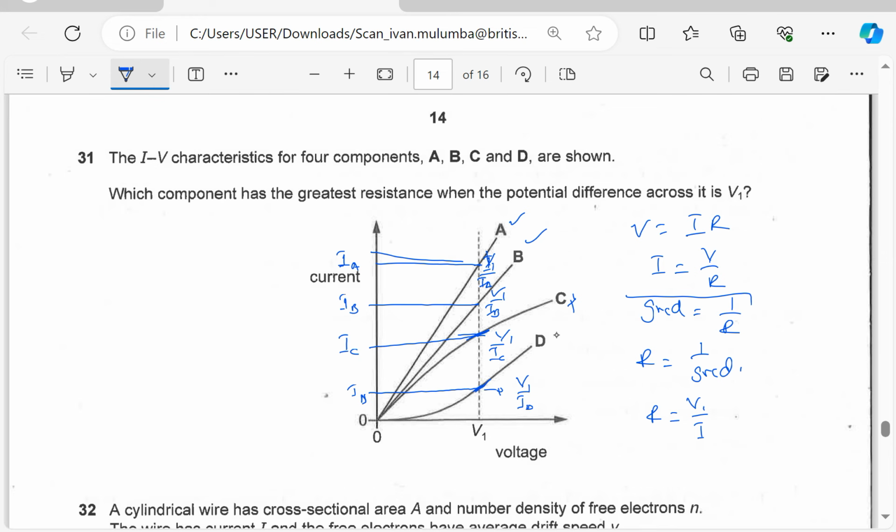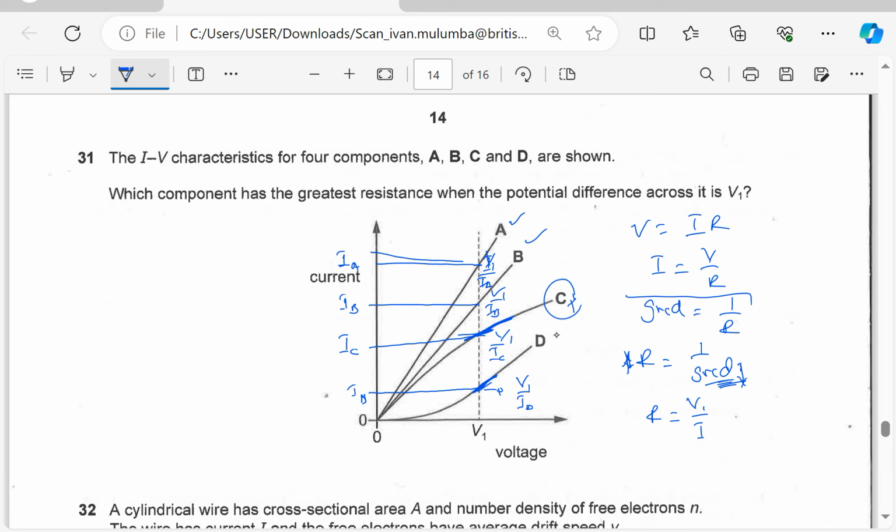The gradient here is higher than the gradient here. And when the gradient is higher, the resistance is going to be lower. When the gradient is lower, if I draw a tangent here, the gradient is going to be lower. A smaller gradient is going to give us a higher resistance.